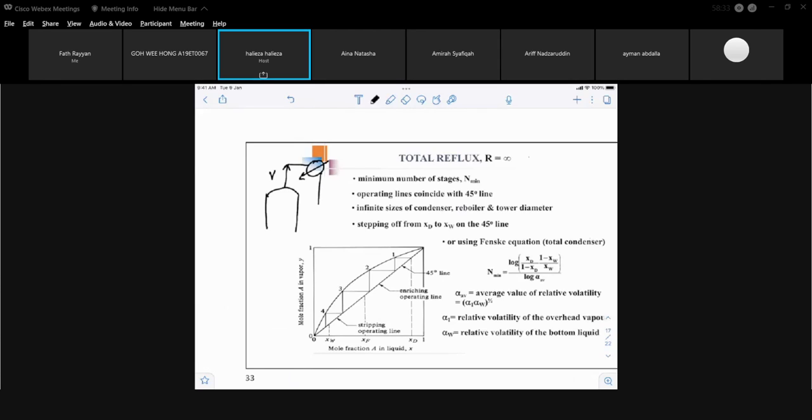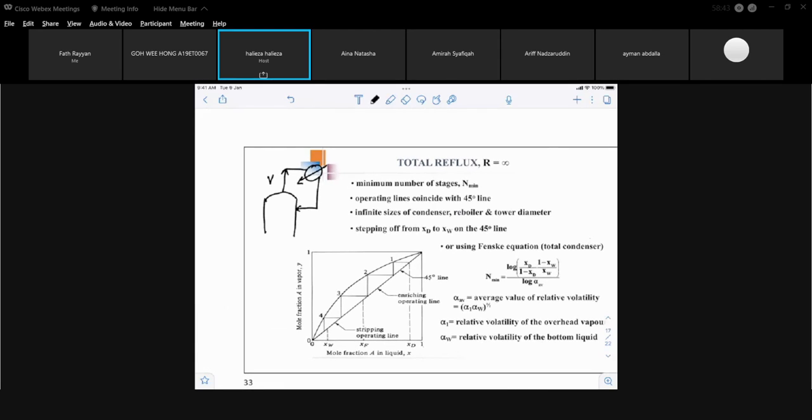If you have a total reflux, that means all of your vapor is going to be condensed and all of it will be returned to the column. None of your product will be coming out as distillate. That is what total reflux is all about, where the whole vapor is condensed and returned to the column.